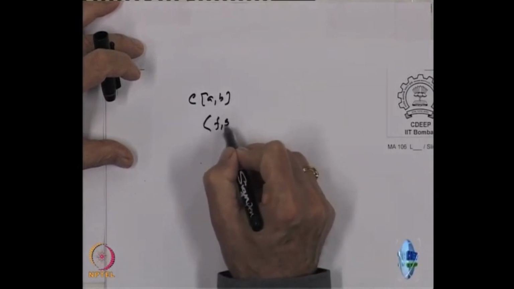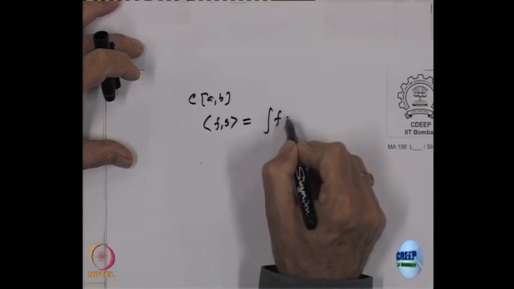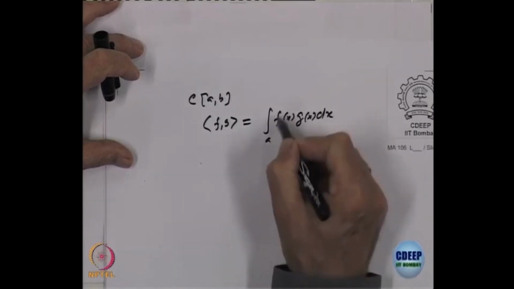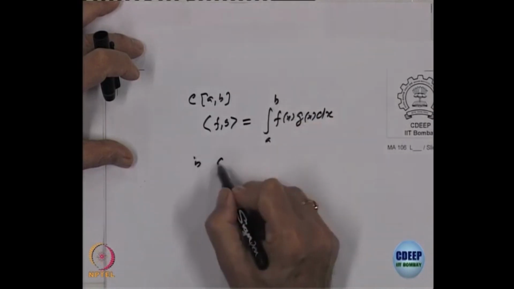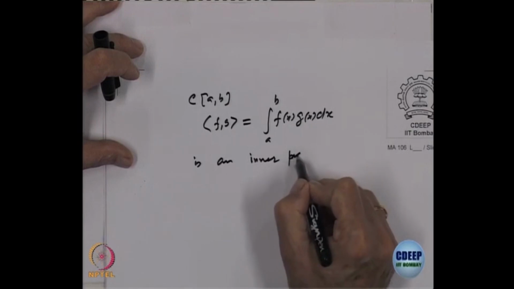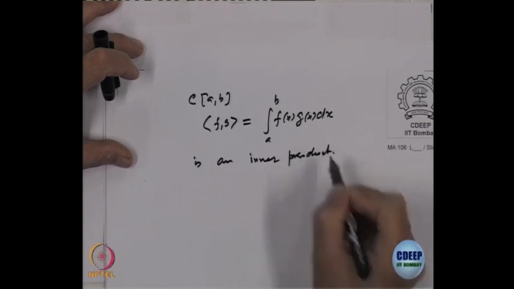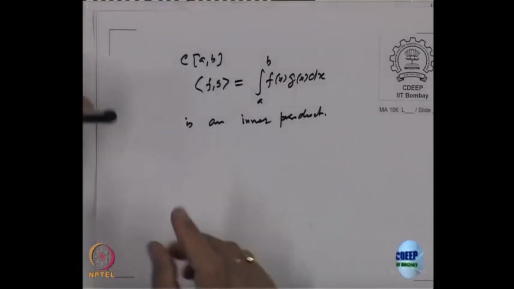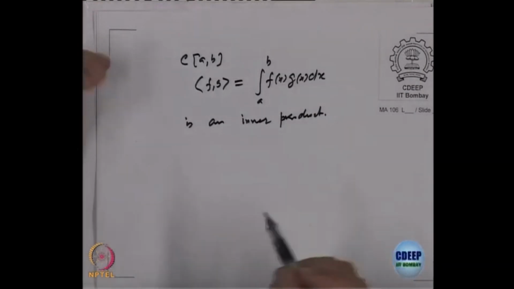So what we are saying is, this space C[a,b] with the inner product of f and g equal to the integral from a to b of f(x) g(x) dx is an inner product space.